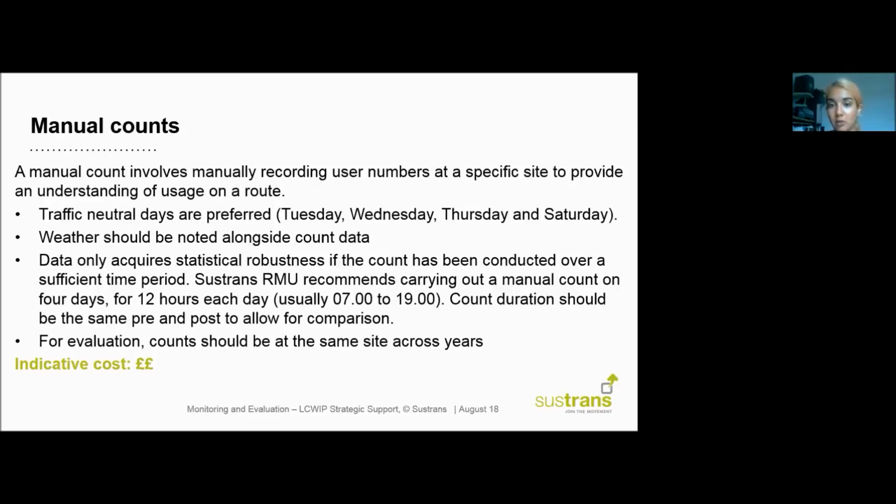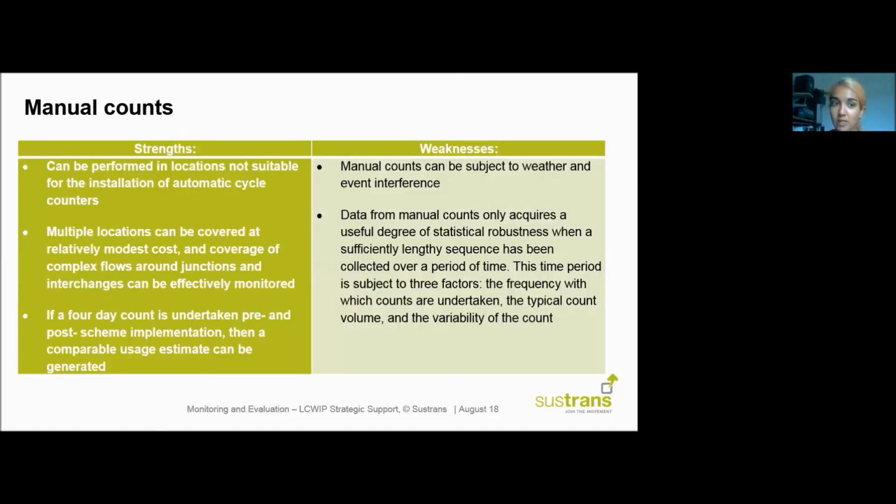So they do still involve an investment because of the need for an individual to be counting people. In terms of their advantages, they can count in locations that might not be suitable for cycle counters for the reasons that I highlighted earlier. You may be able to cover more locations than you would with cycle counters at the same cost.